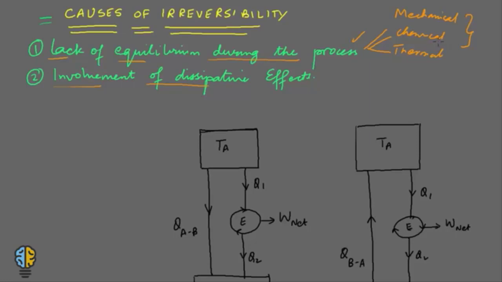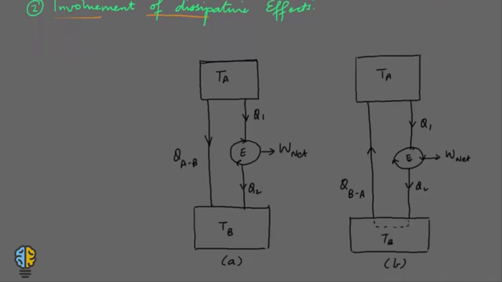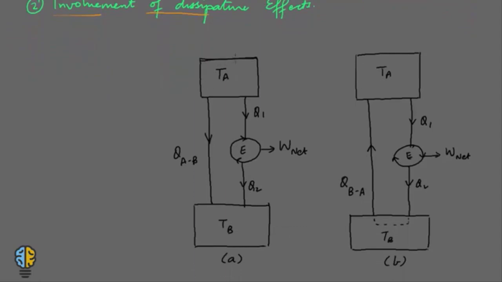So let's have a look at one example to actually quantify the first cause of irreversibility. Let us name this example A, a capital A, because you have the two figures named as small a and small b.